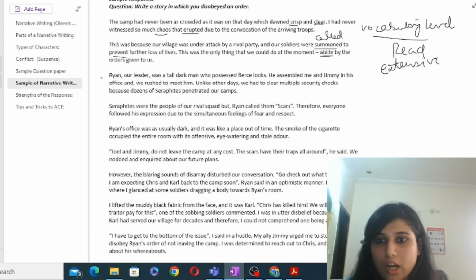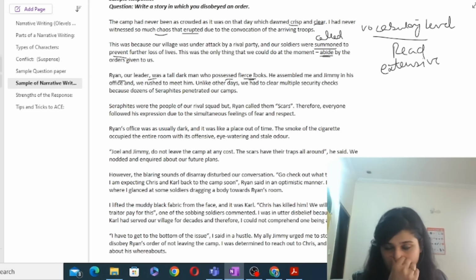Ryan, or leader. Now here look, Ryan, comma, or leader, comma, was a tall, dark man who possessed fierce looks. When we are describing a person, the examiner who is reading our piece of writing can get a clear picture of the character. Who was that character?